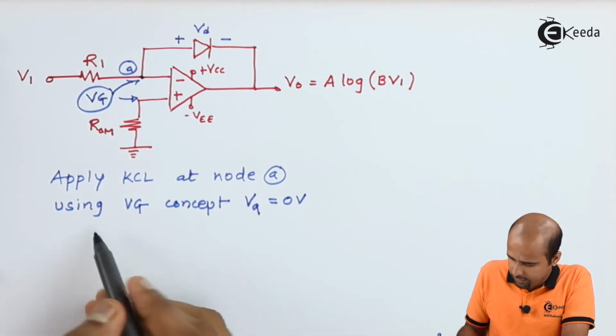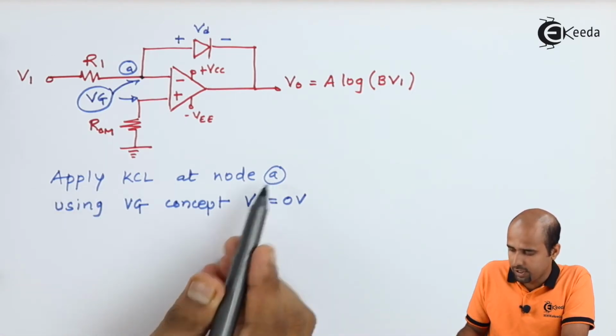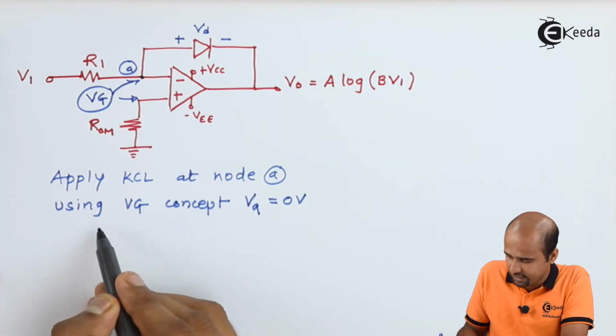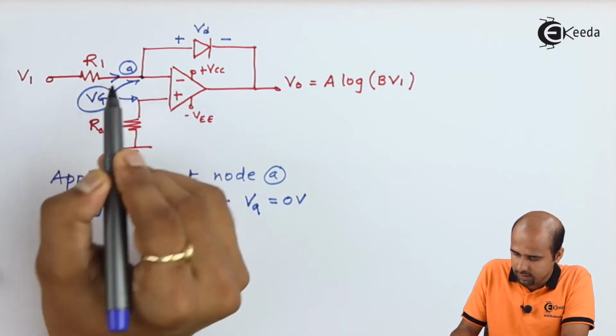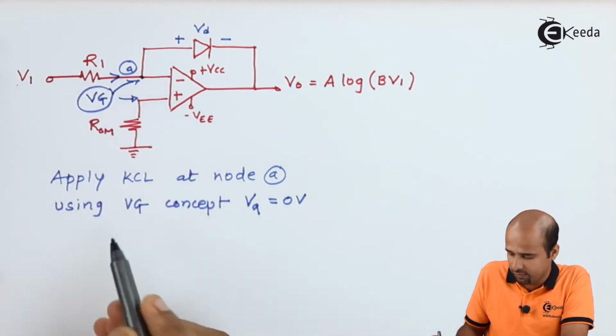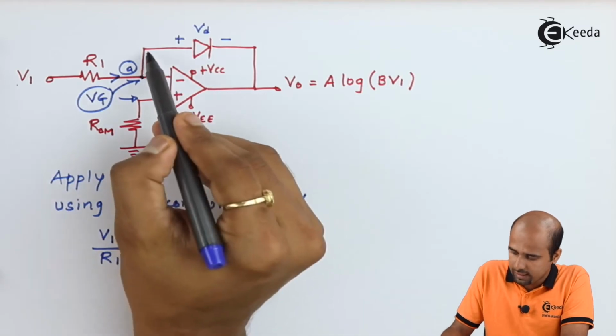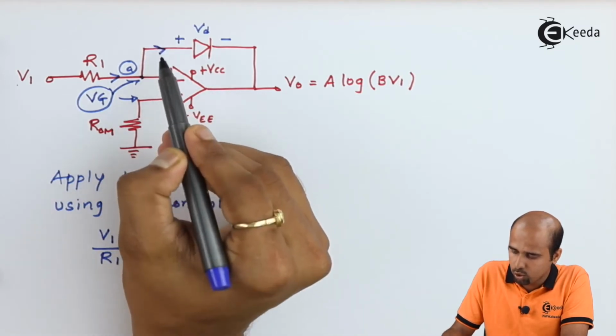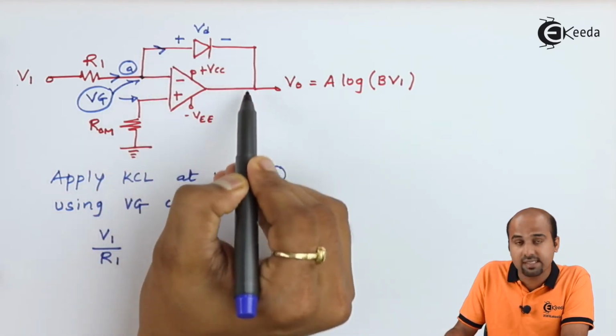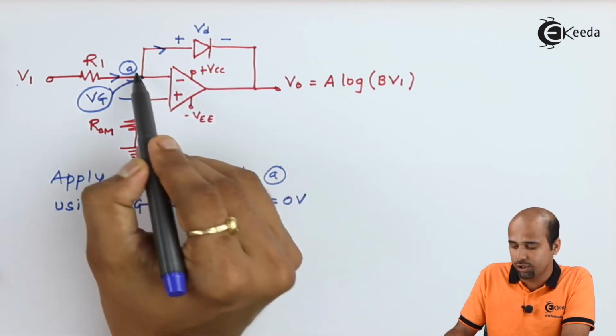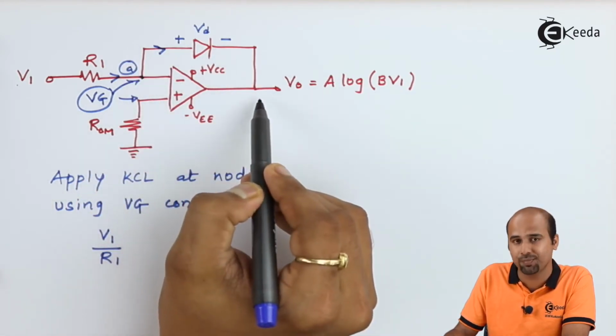With application of KCL, we are getting input current, that is nothing but V1 divided by R1 directly, V1 minus 0, V1 divided by R1, and that should be equal to the outgoing current, that is nothing but the current flowing through this diode, right?